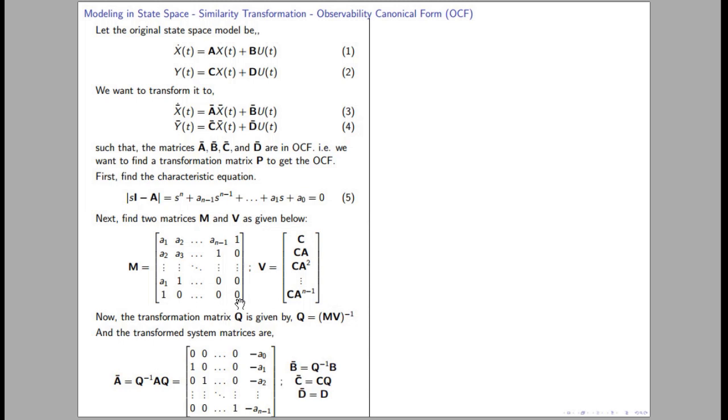Once you find that, same thing: A bar is equal to Q inverse AQ, and similarly B bar is equal to Q inverse B.